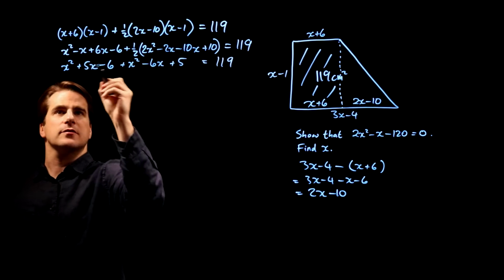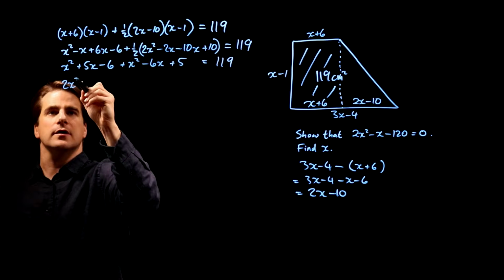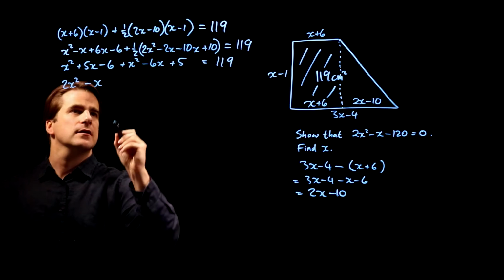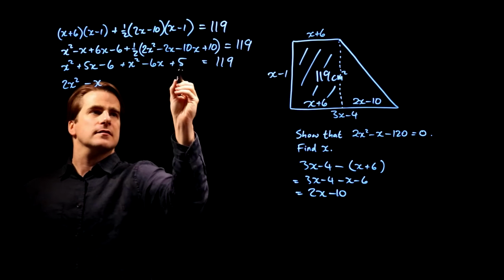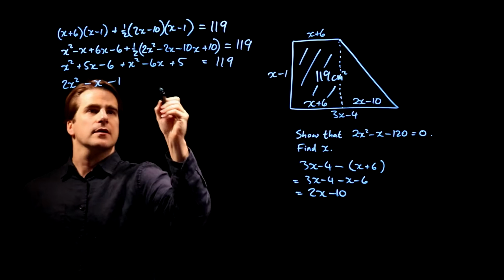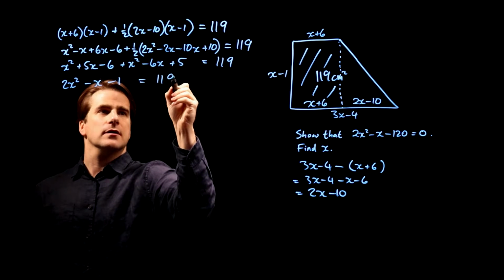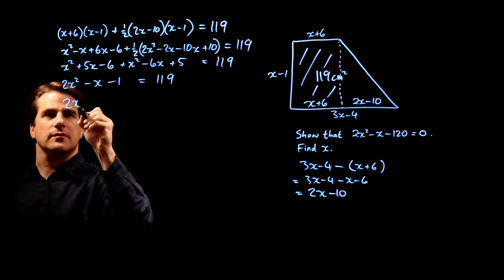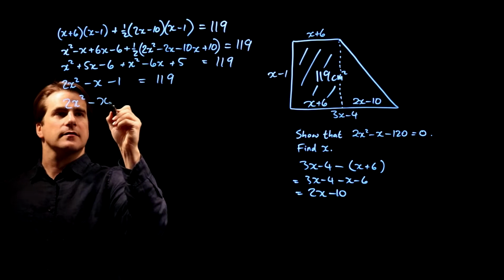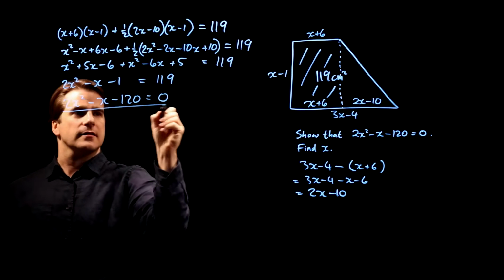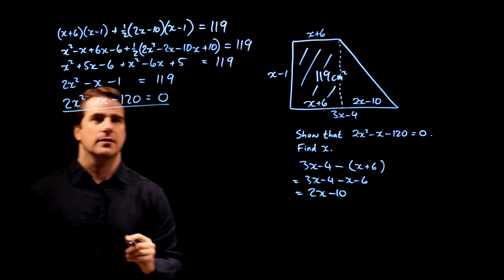Okay, x squared plus x squared is 2x squared. 5x minus 6x is minus x. Minus 6 plus 5 is minus 1, equals 119. Subtract 119 from both sides, we get 2x squared minus x minus 120 is 0. And that is what we had to show.